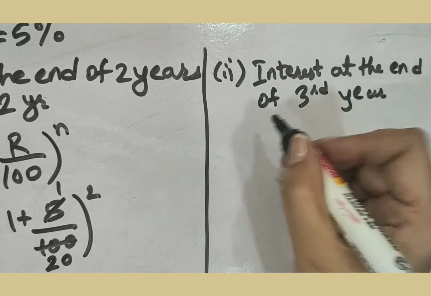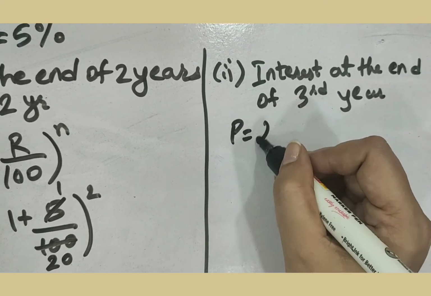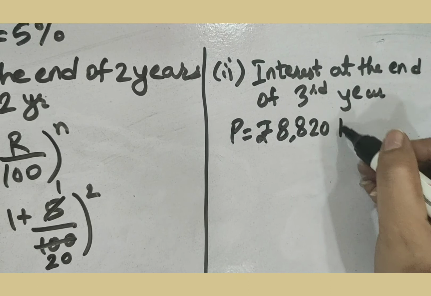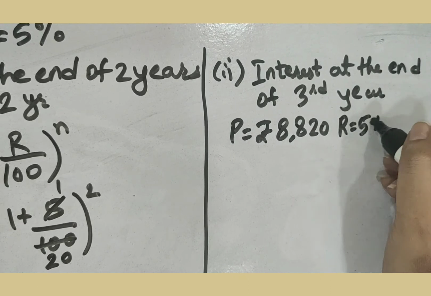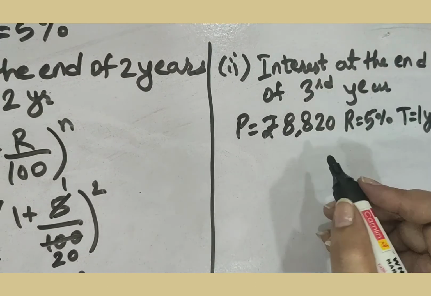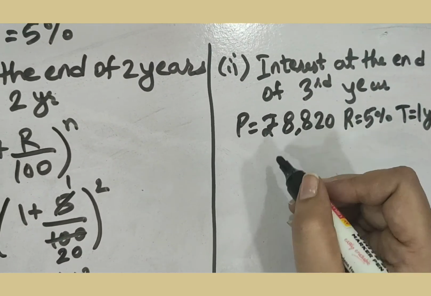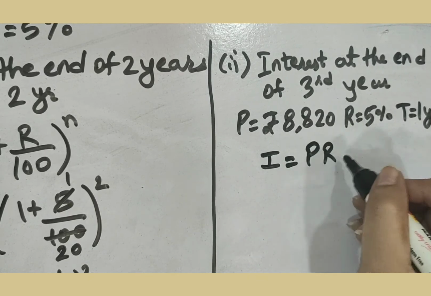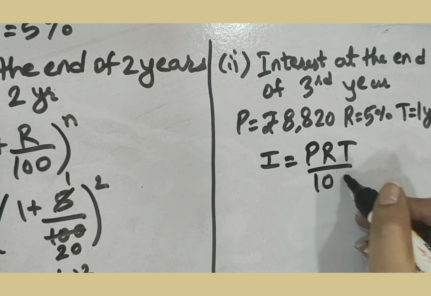So here my principal will be rupees 8,820, rate will be 5%, and time will be 1 year. So as we have to find interest, let us use the simple interest formula. So interest will be equal to PRT upon 100.